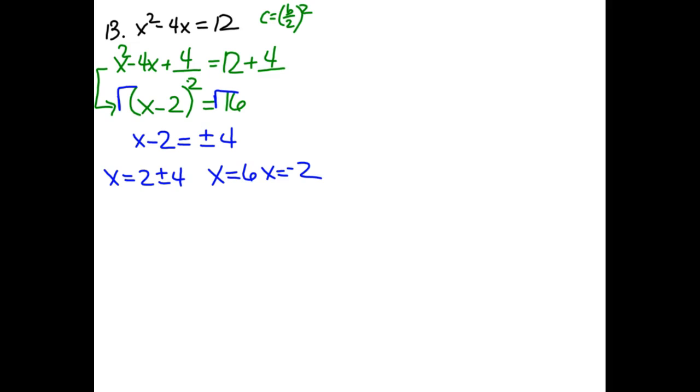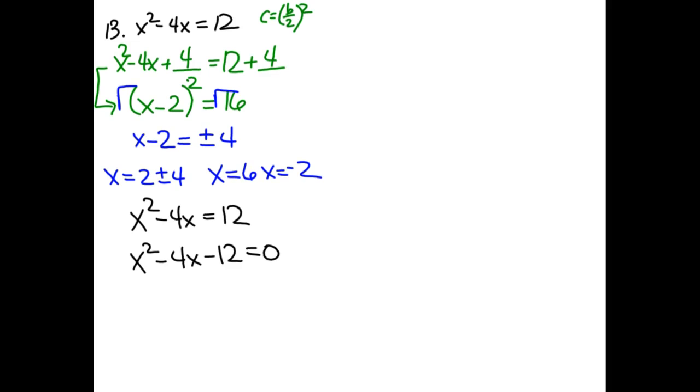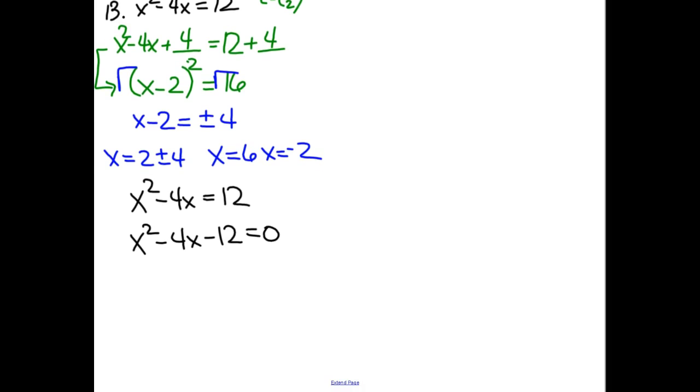Now, let's say you saw that problem and you didn't catch that you could use completing the square. Well, before I can factor, or before I can use the quadratic formula, it's got to equal 0. So that's the first thing I do. x squared minus 4x minus 12 equals 0. And when we look at this one, it actually will factor.